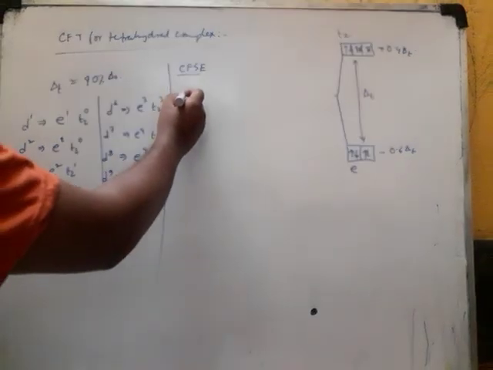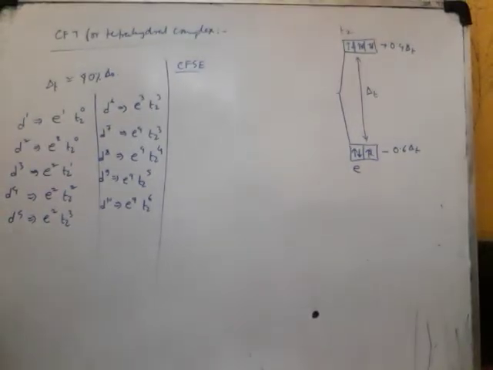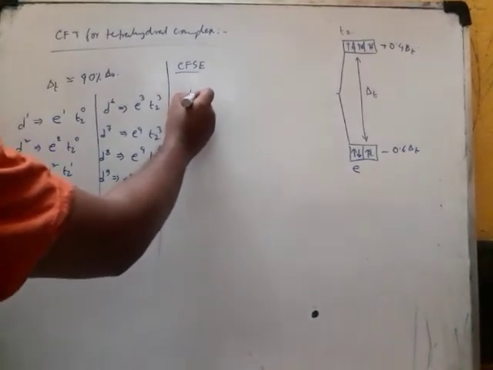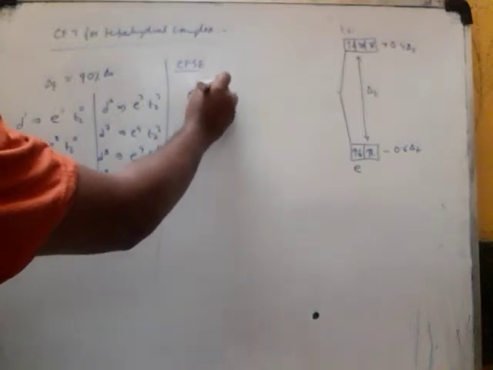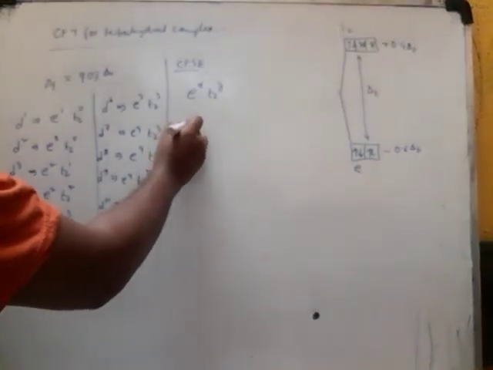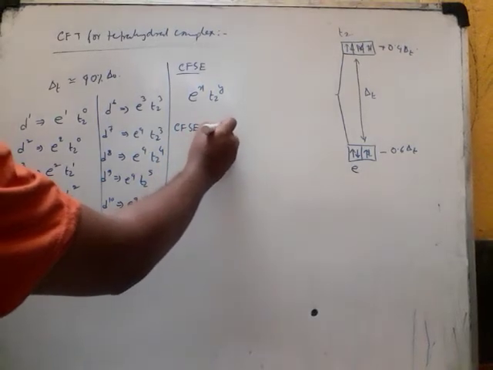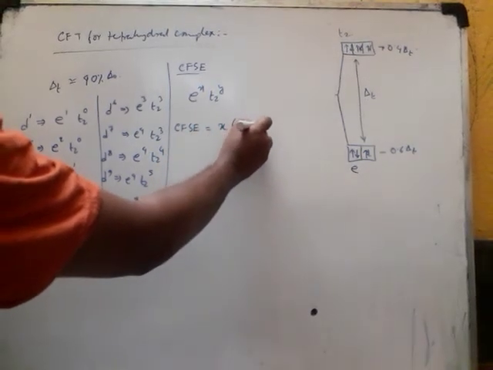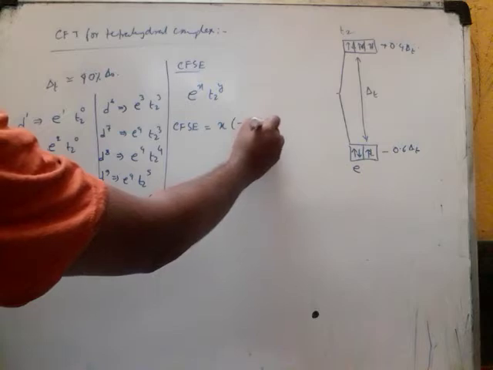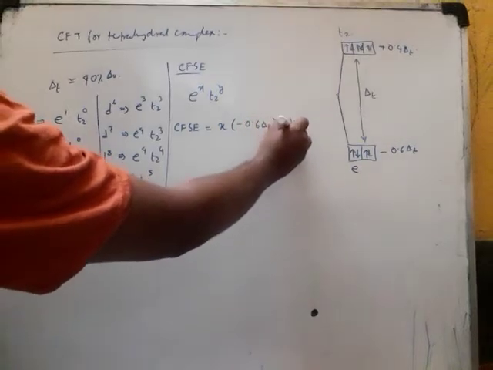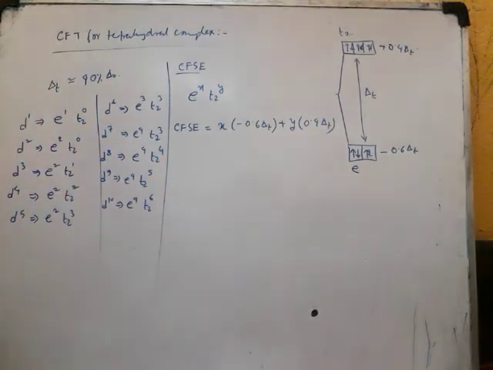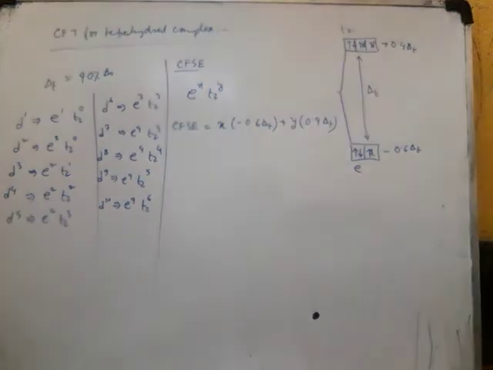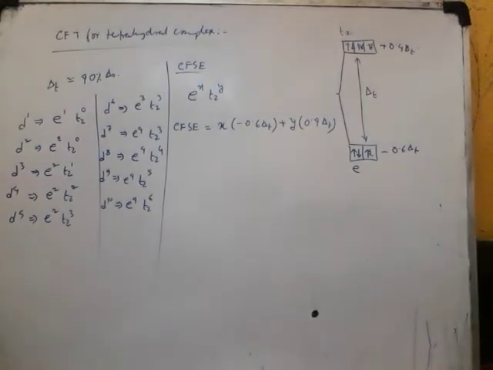Suppose a certain central atom has electronic configuration EX T2Y, then CFSE becomes X into minus 0.6 delta T plus Y into plus 0.4 delta T. It is the general equation of CFSE for tetrahedral complexes.